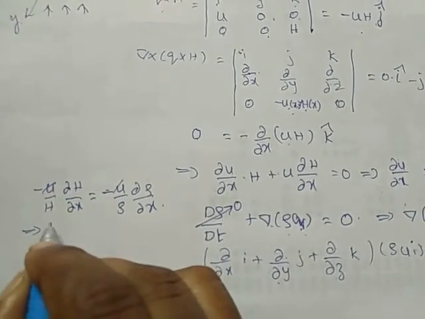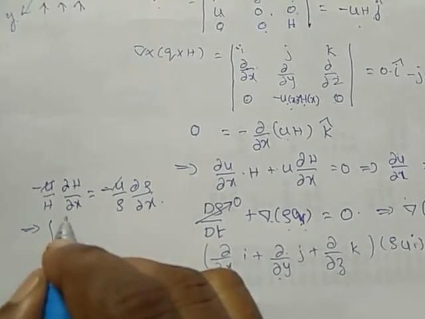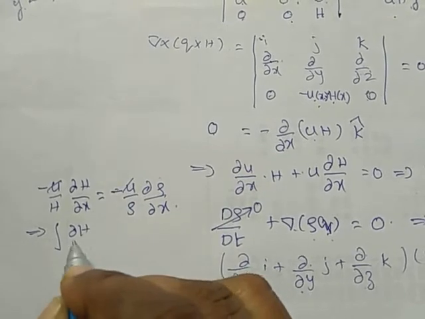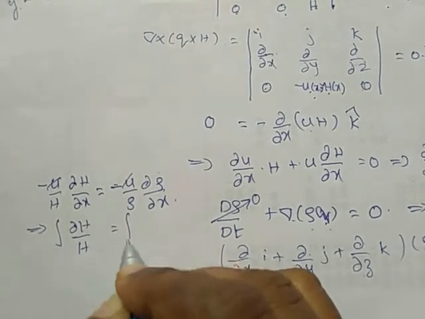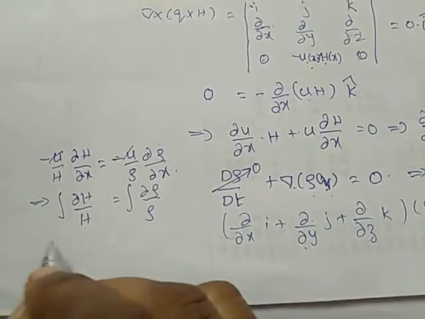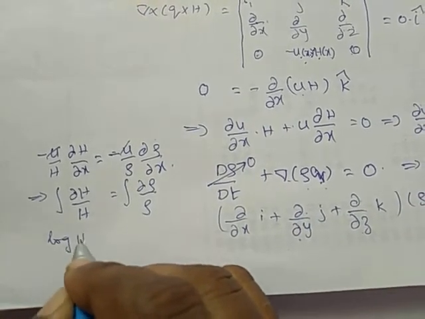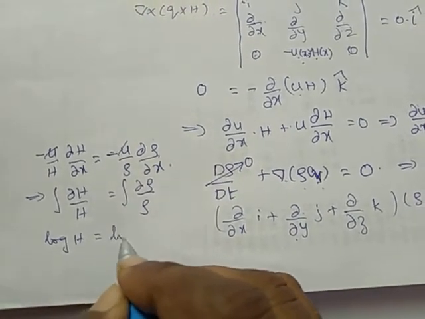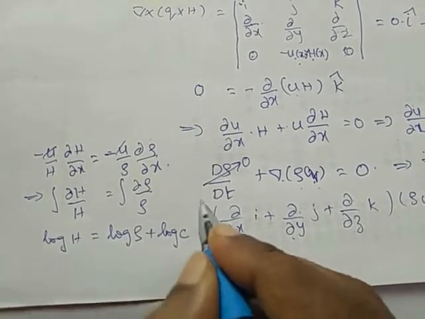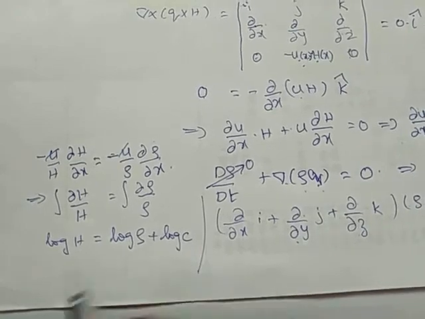We will get the integration of dou h by h equal to the integration of dou rho by rho. We can write this as log h equal to log rho plus log c, taking log c as the integration constant.